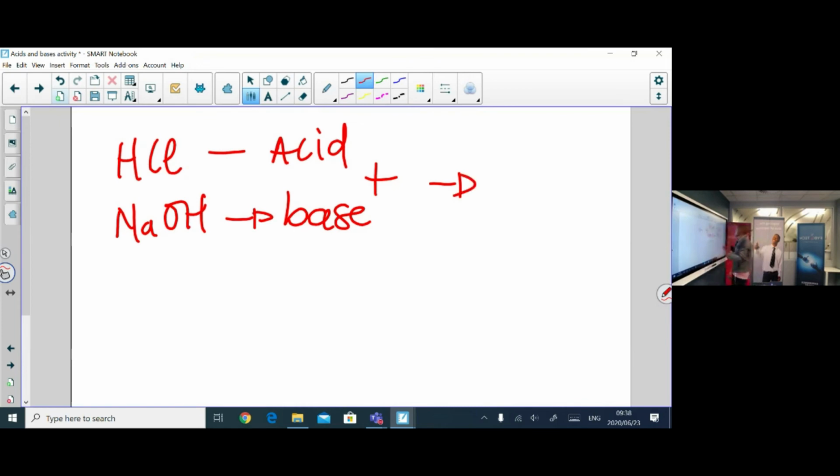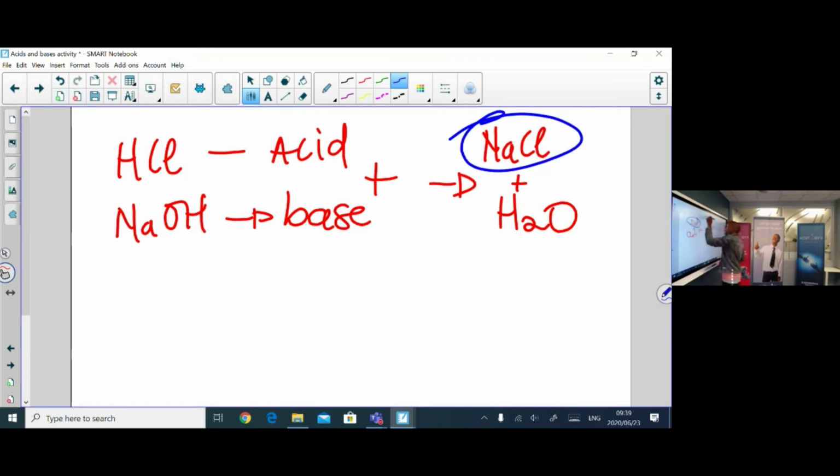We said a salt and water. And what salt comes out of this? It's sodium chloride plus H2O, where this is the salt that comes out and this is the water that comes out. So when an acid and a base react, they form salt and water.